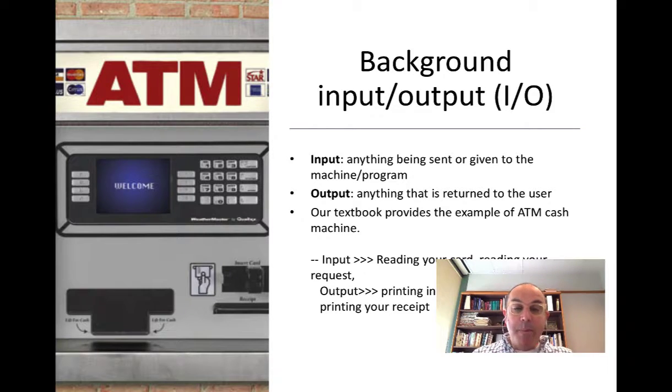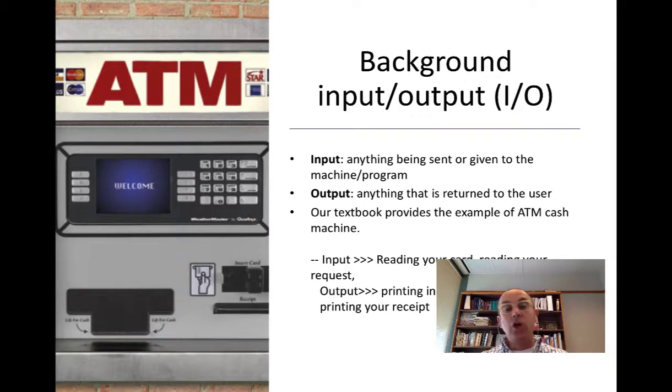But back to our current module, we are talking about input output, or I versus O. Input is anything that is sent or given to a machine or a program. Output is anything that is returned to the user. A textbook provided a good example, and I'm taking it from the textbook: an ATM cash machine.